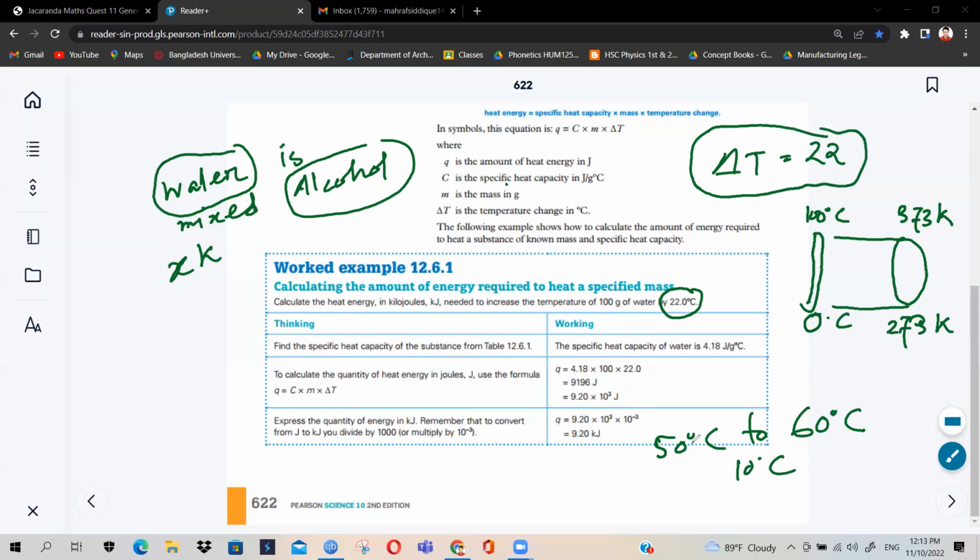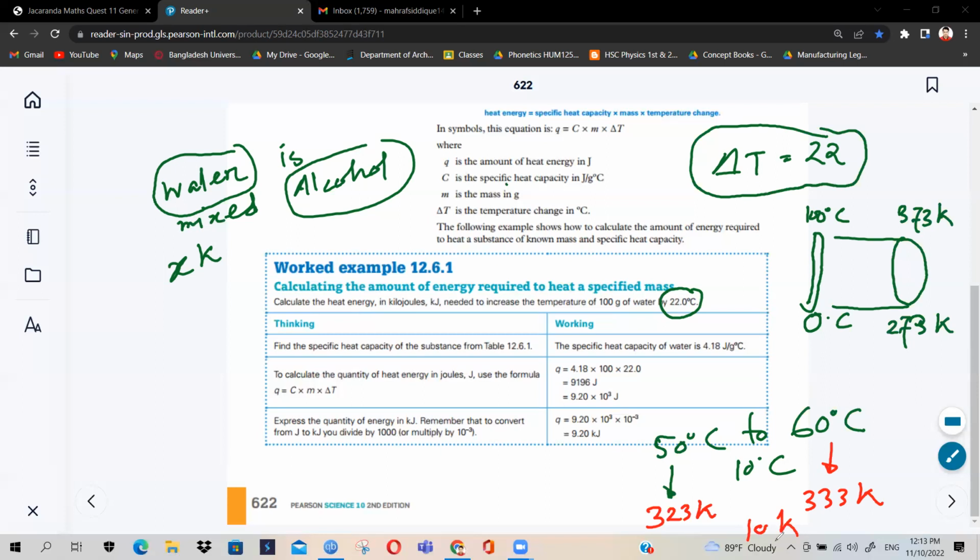And if I want to convert 50 to Kelvin, it will give us 50 plus 273, that is 323 Kelvin. And 60 degrees Celsius means 333 Kelvin. So what is the difference? Difference is 10 Kelvin.